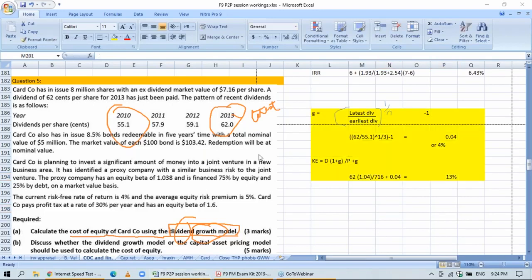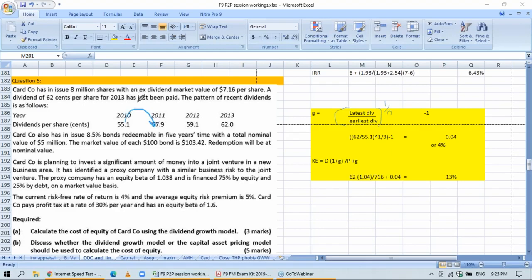See, there are 4 years, there is a 4-year time. Shehzad, let me explain. I explained it yesterday as well, that we are basically calculating in how much time the dividend has changed from 55.1 to 62. Let me show you in blue color. See what happened.